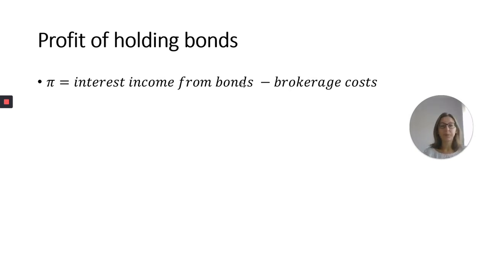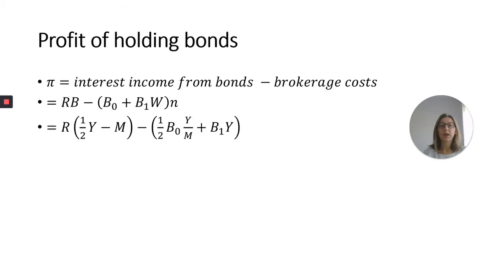And so what determines the profits of bonds? First of all, we can write the profit function, which is going to be interest income from bonds minus cost, which is mainly brokerage cost, as we face them when we need to withdraw the money from bonds to cash.